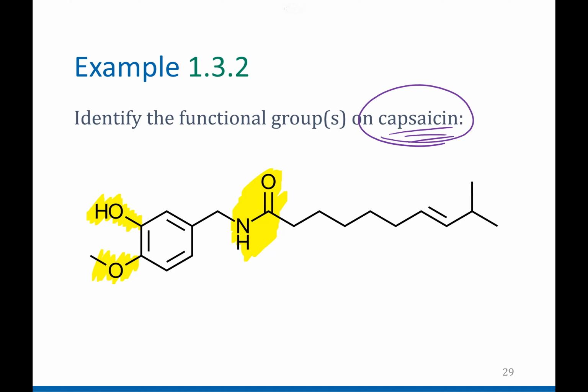So let me get my pen here. So this is, of course, an alcohol. Anything that's just an OH is an alcohol. Now, in the chat, I think a few people might have said this is a ketone or something. This is an ether.